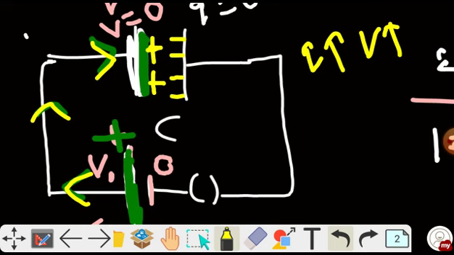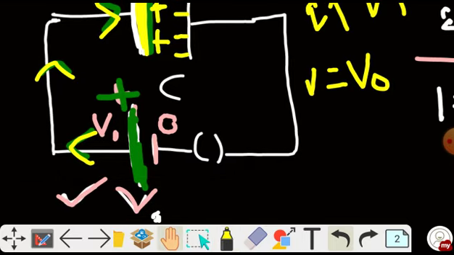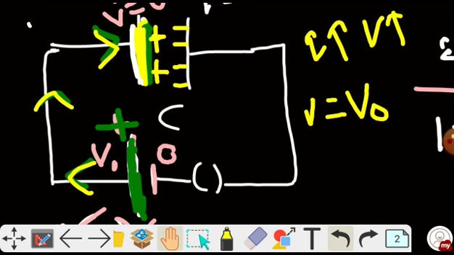And a time will come when the potential of this plate of the capacitor becomes equal to V naught, which is the potential of the positive terminal of the battery. This is the time when the flow of charge will stop, because both the conductors are now at the same potential.